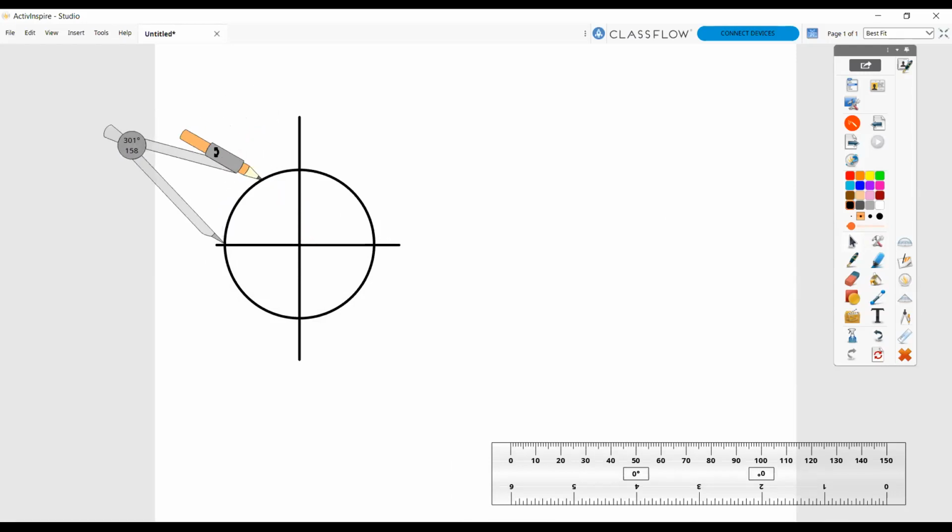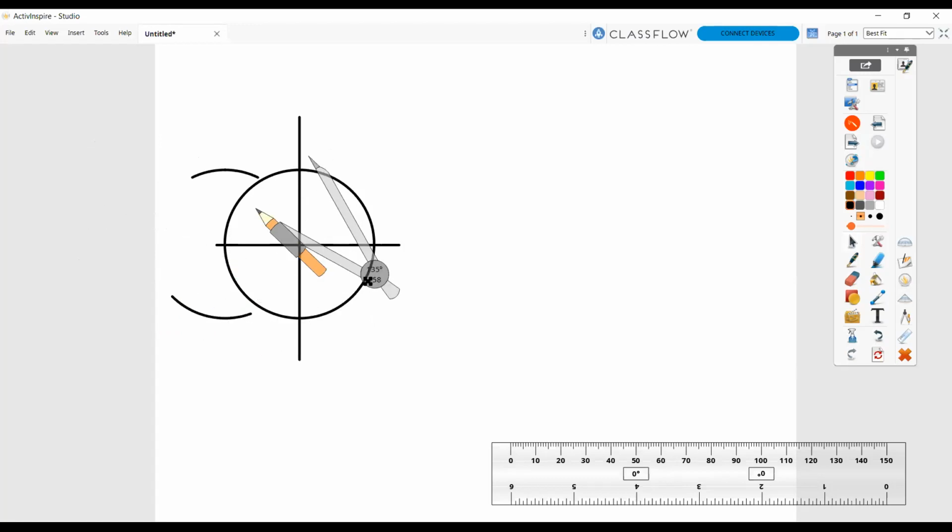Now you have to just bring the compass outside the circle. Then after you need to mark the arc like this. Okay, you need to make the arc like this. And similarly you can do the downside also, right? Similarly you can do the downside also. Take the compass outside the circle, then after draw the arc like this.